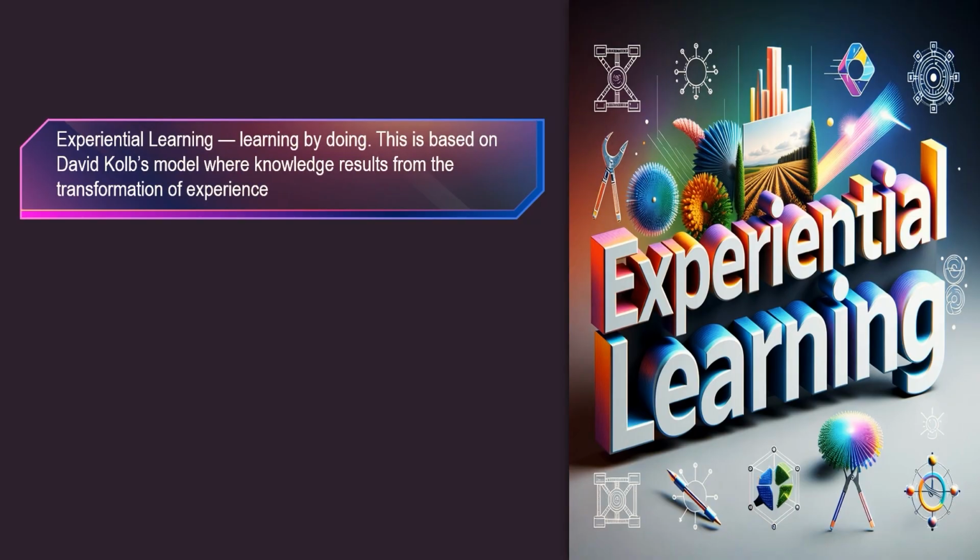The second one is experiential learning. When we say experiential learning, it is learning by doing. This is based on David Kolb's model, where knowledge results from the transformation of experience.